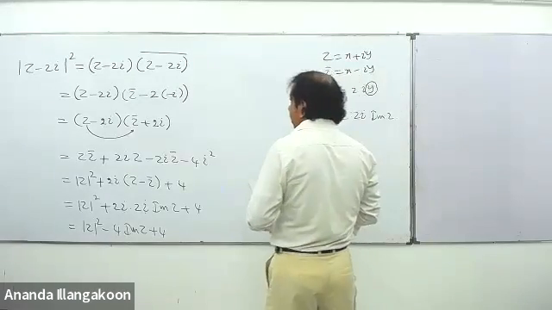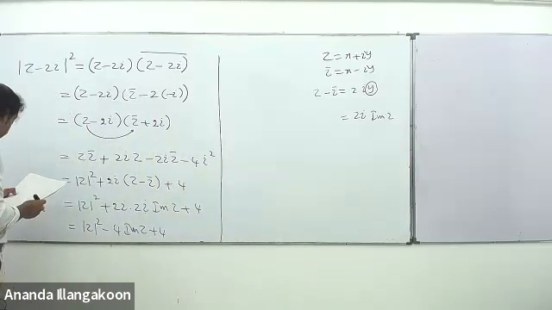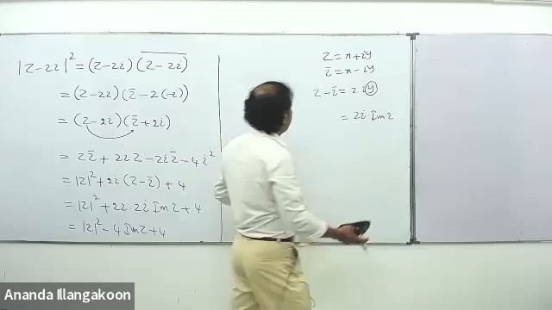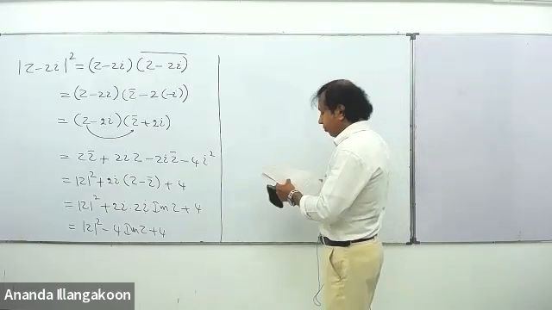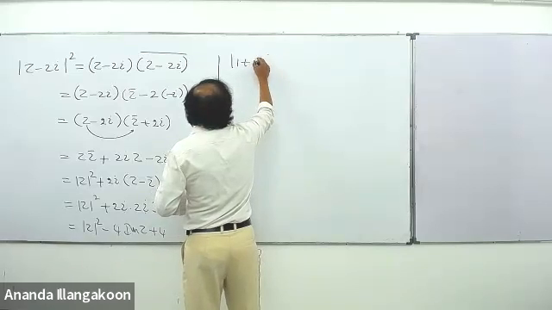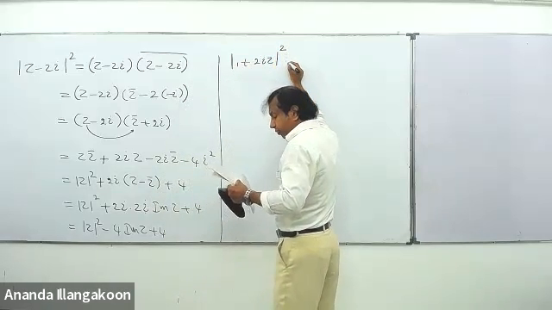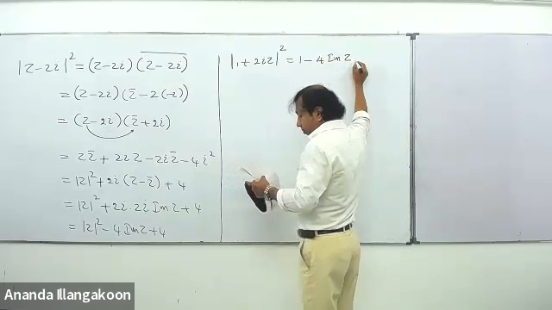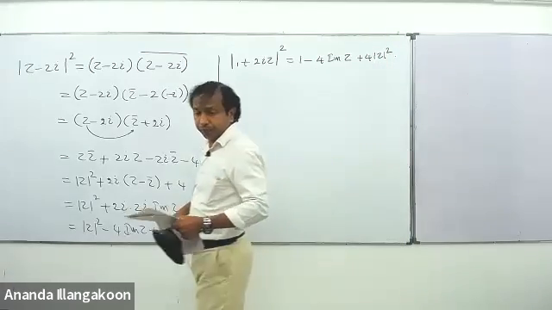The second answer you can take in the same way: modulus of 1 plus 2i z perfect square is 1 minus 4 Im z plus 4 mod z squared. This also you can take the same way.